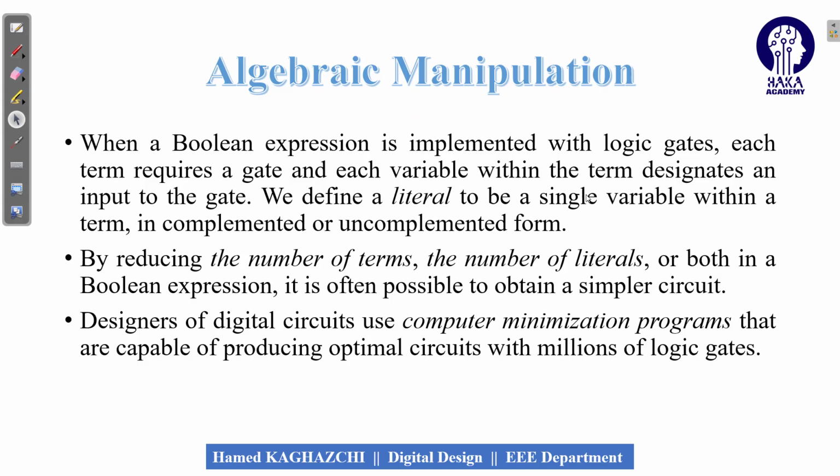So in simplifying Boolean functions, we try to reduce the number of terms and the number of literals, because if I minimize the Boolean function, I will have a simple digital circuit.